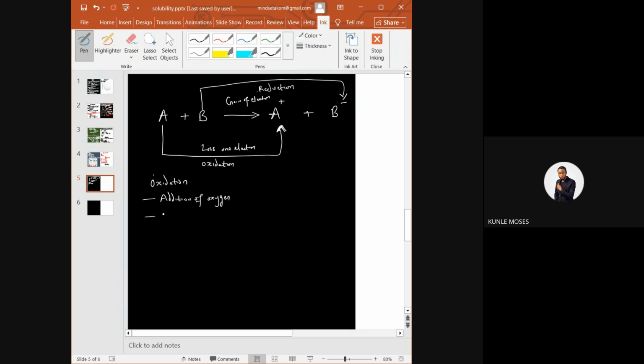In terms of hydrogen, it is removal of hydrogen. In terms of electron, it is loss of electrons. You get it? And in terms of oxidation number, it is increase in oxidation number.